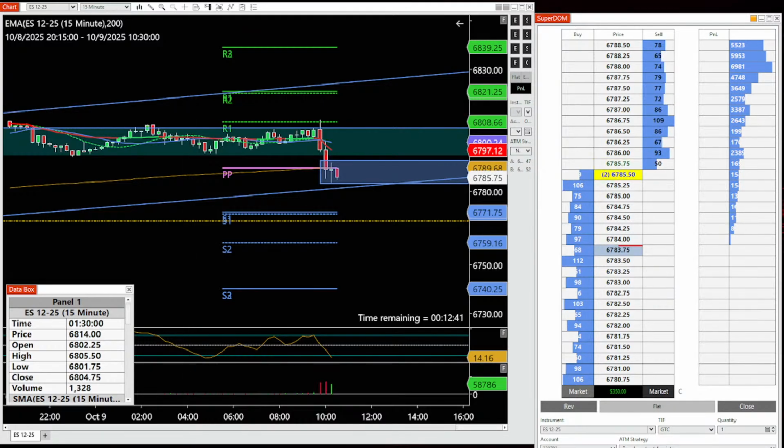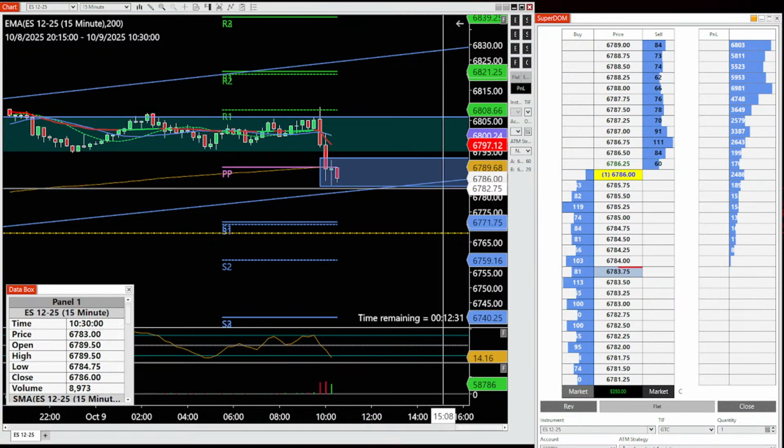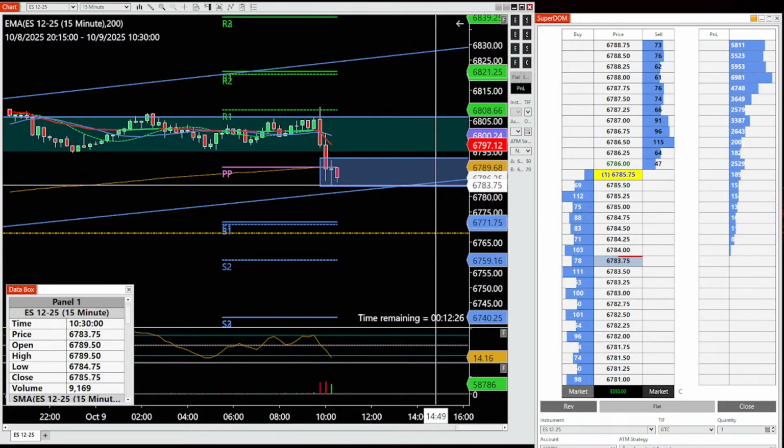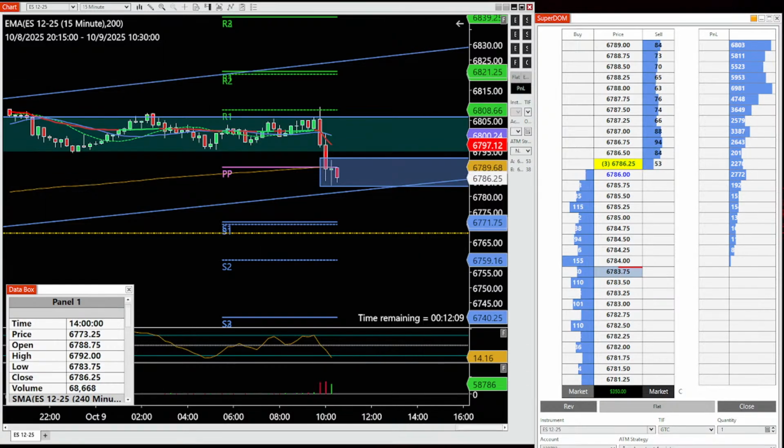$85.25. Be careful with the shorts. The 4-hour chart is looking good because it can come back to 75, 73.